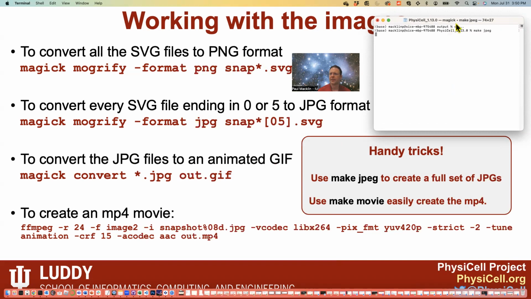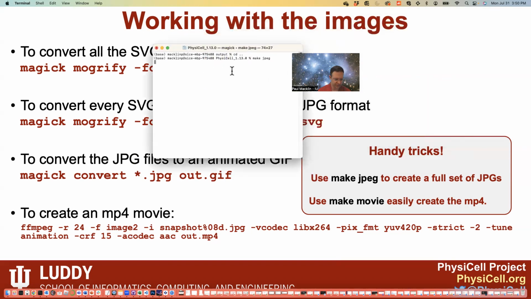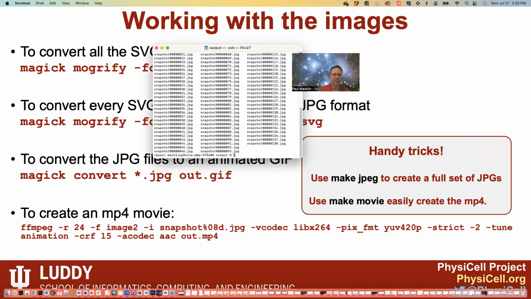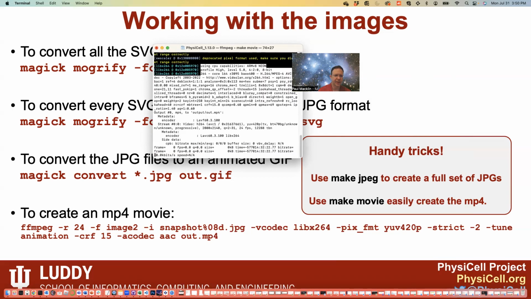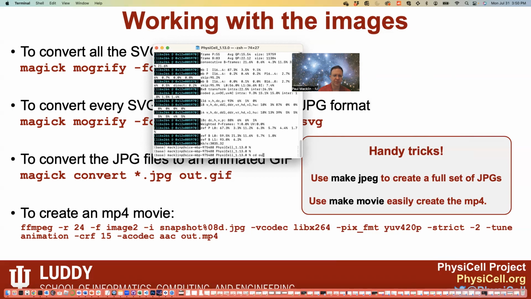So here I'm running make jpeg, and if you were to look, you'll probably see it creating a whole bunch of JPEG files. I'm going to hit Control-C and cancel this. But see, in the output directory, now we have a whole bunch of JPEG files. Now I can type make movie. It's going to take all of those JPEG files available in that directory and stitch them together into an MP4 file called, I think, out.mp4. So let's go into output.